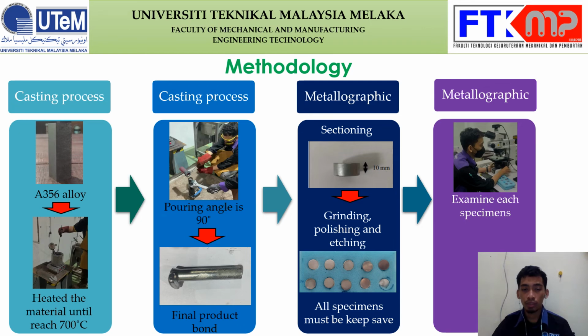The next process is polishing, where I use 6, 3 and 1 micron diamond paste. And lastly, for the etching process, I use etching solution for 3 or 4 seconds. All specimens must be kept safe, clean and dry.